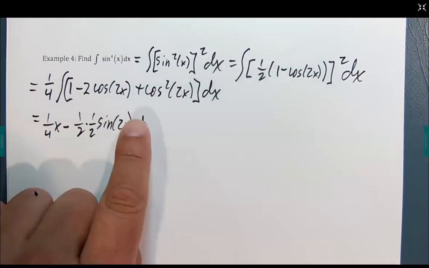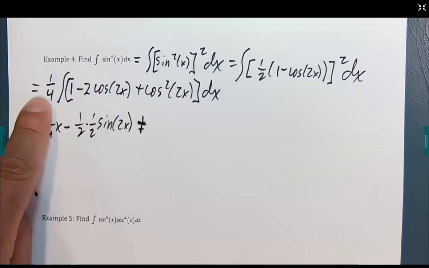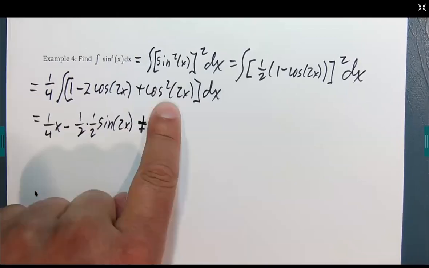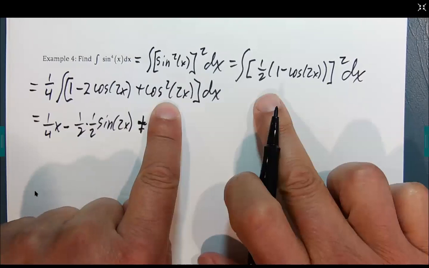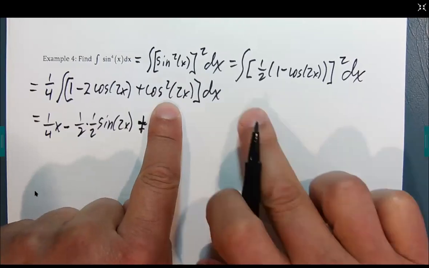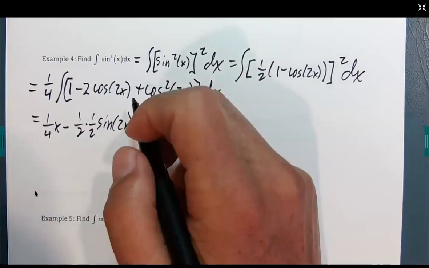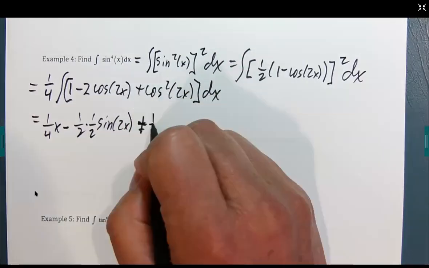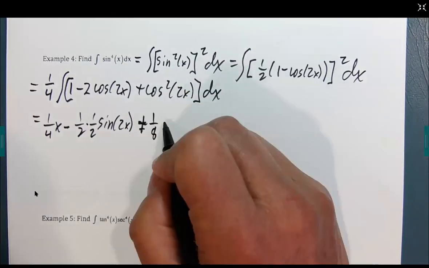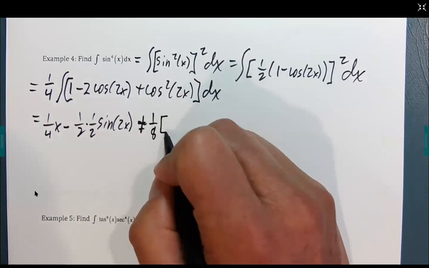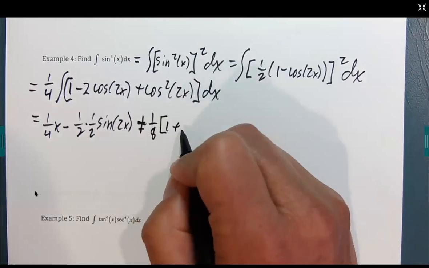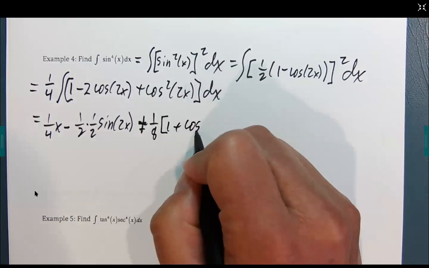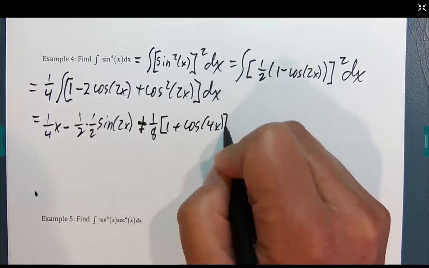Now, I'm going to distribute this 1/4, and I'm going to do this half angle identity again, this here again. So I'm going to get an extra 1/2 times the 1/4. That gives me the 1/8. 1/8, and that is going to be 1 plus cosine of 4x. This is all plus c.